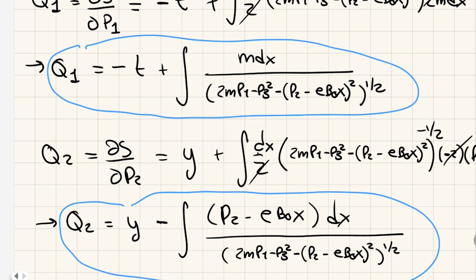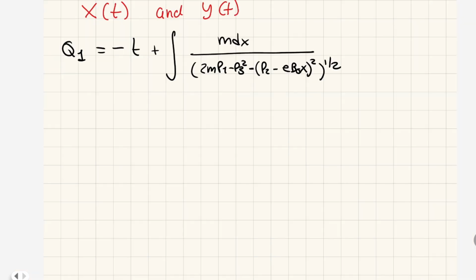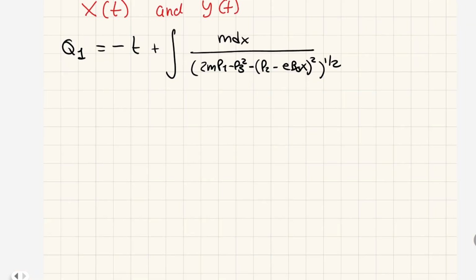Looking that, well, if we are able to solve this, look that here is an x, right? So this x is going to tell us what is going to be that relation x of t. Looking that we have a t here, well, if we are able to solve this integral, then we will get that function x of t. So let me copy this expression in another position. Okay, perfect. So there's the integral.